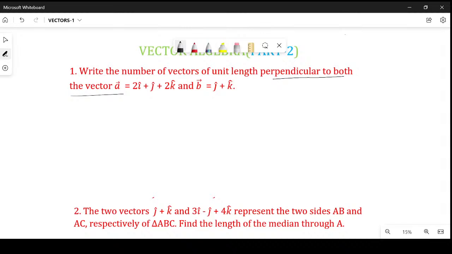Unit length perpendicular to both the vectors means there are two such vectors perpendicular to both the vectors.